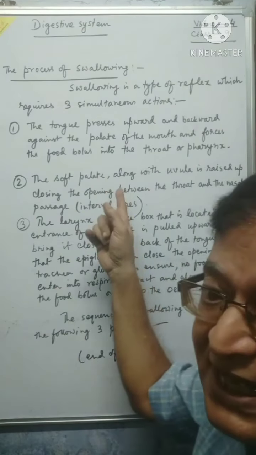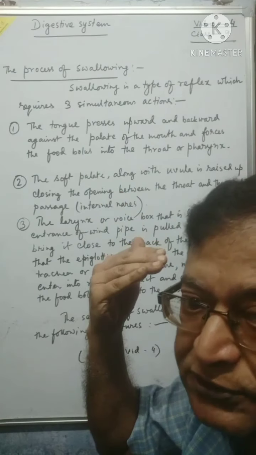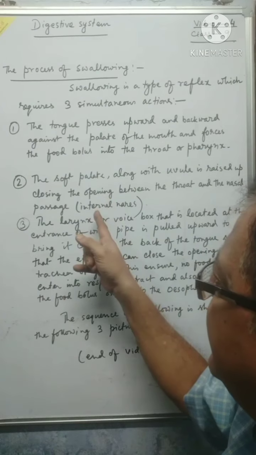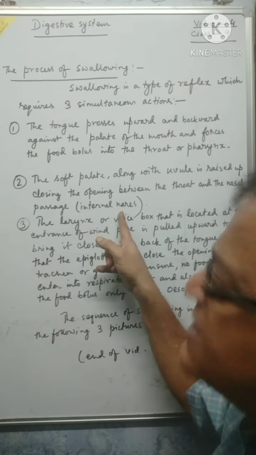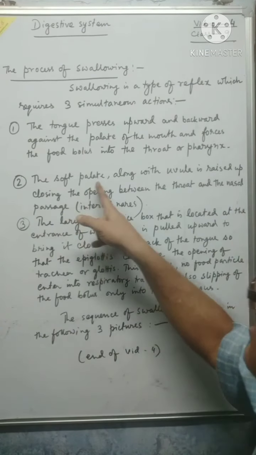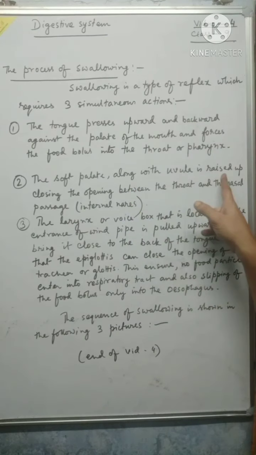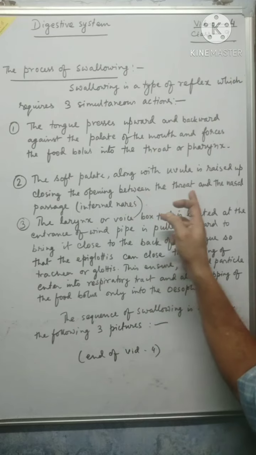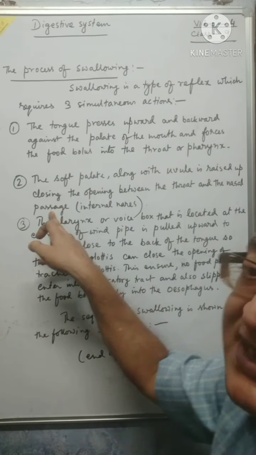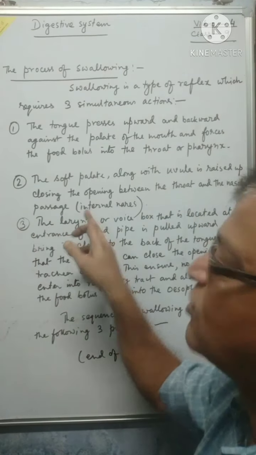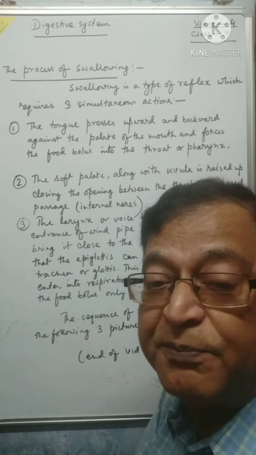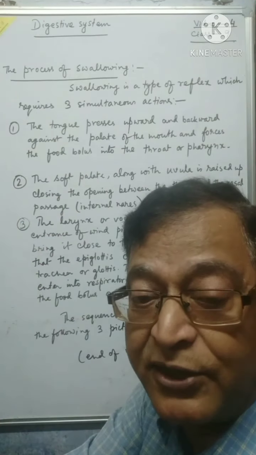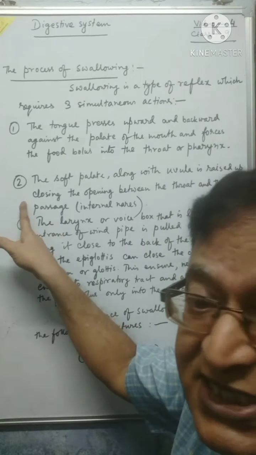That is the area at the back of our mouth, upper side, which has the internal nares of the nasal chamber. So the soft palate along with the uvula is raised up, closing the opening between the throat and the nasal chamber, so that food particles do not go up into the nasal chamber and come out through the nose. So that is the second step.